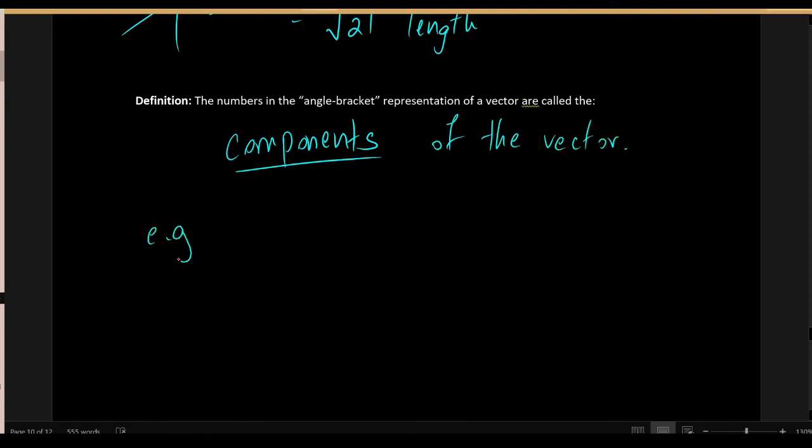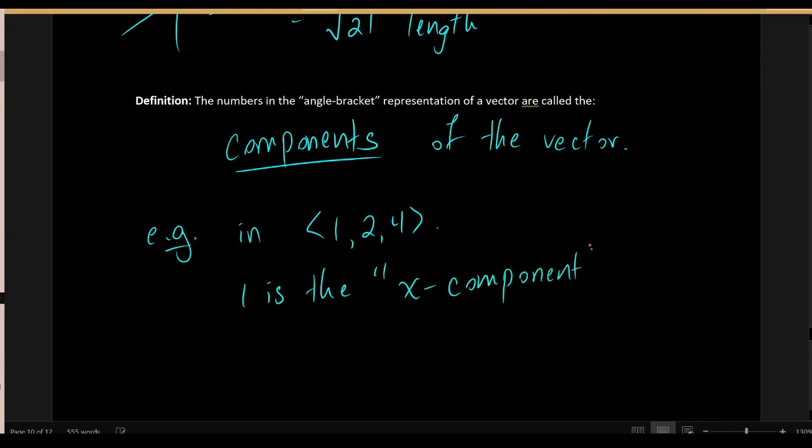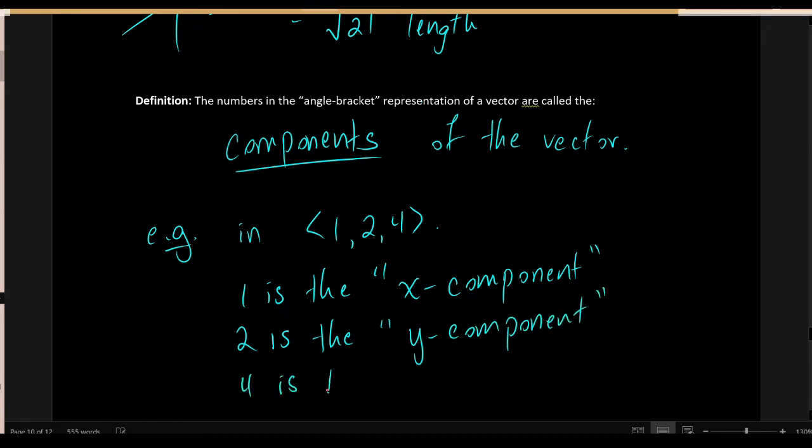For example, in the vector 1, 2, 4, 1 is the x component, the component of the vector in the x direction. 2 is the so-called y component. And can you guess what 4 is going to be called? 4 is the so-called z component.